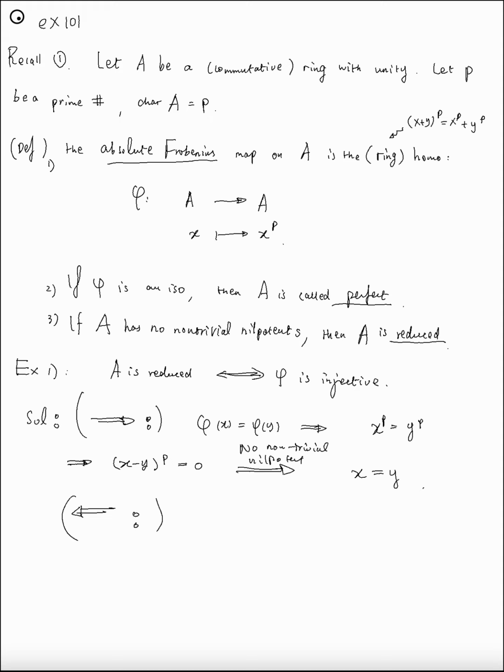So if you start with injective Frobenius, this is telling you that x to the p equals y to the p implies x equals y.